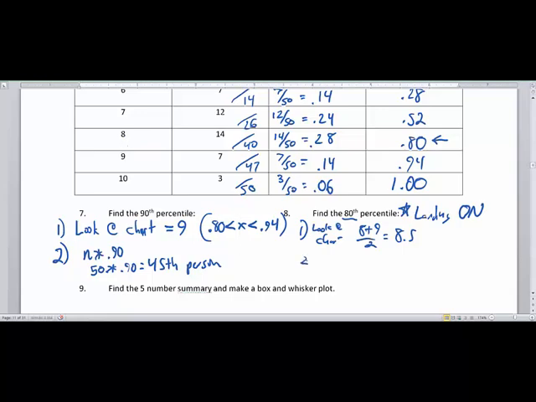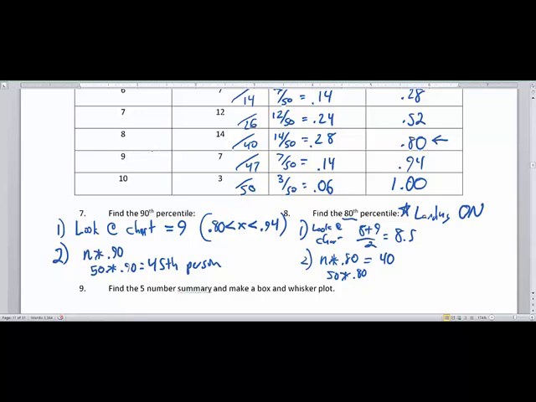Another way to look at this, step number 2, is again take our n and multiply by our 0.80, and that gives me, in this case, 50 times the 0.80, and this gives me my 40th person, and my 40th person would be exactly 8 or 9.